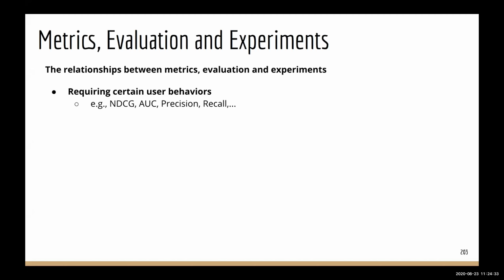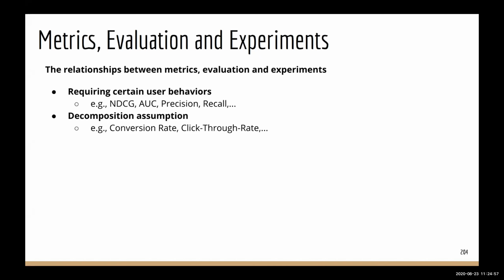So either a click, conversion, purchase, you name it. But what if I come to the site and never click on anything? I just browse, I just spend time. Well, then you may not have an NDCG, right?